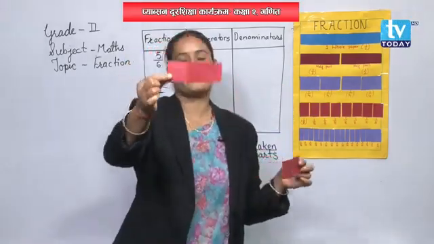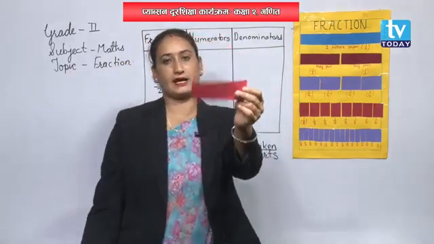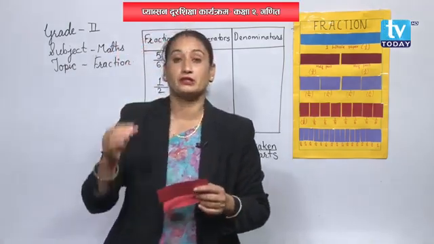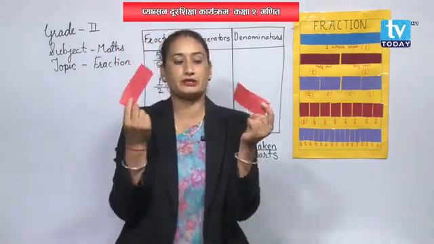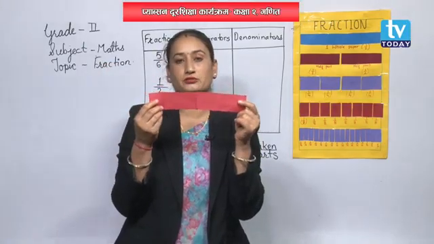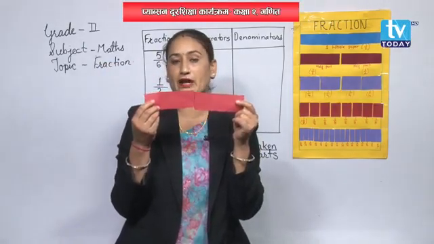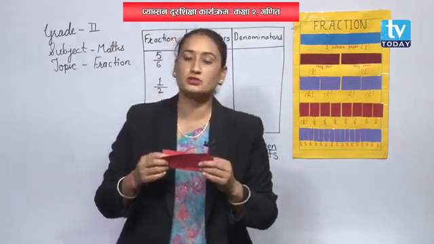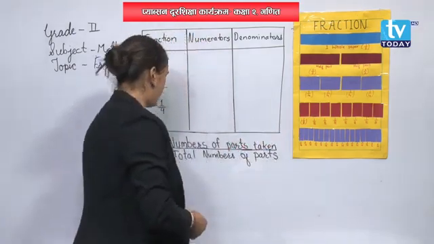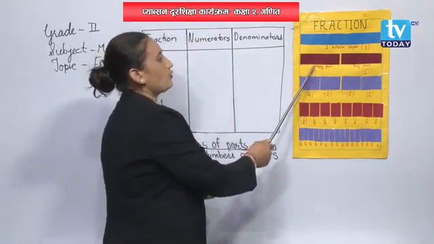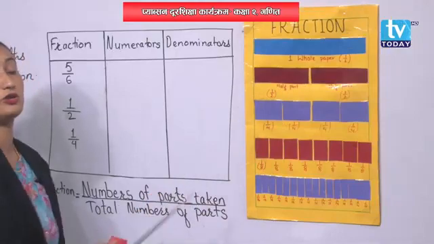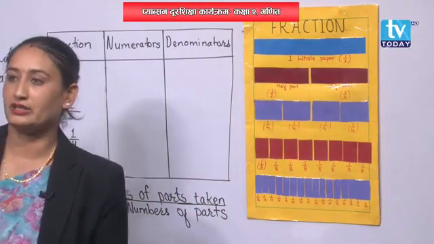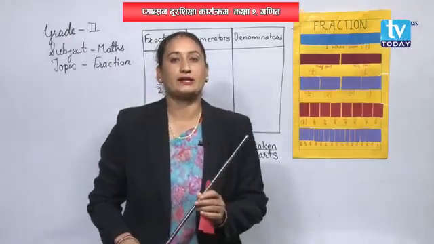This is the first half and this is the second half. So, how to write this first half in fraction form? How many papers were there before? A single paper, and it is divided into 2 pieces, right? So, we have to write it 1 by 2. 1 by 2 means it's a half. Have you noticed? 1 by 2 is a half part, or we can call it 1/2.